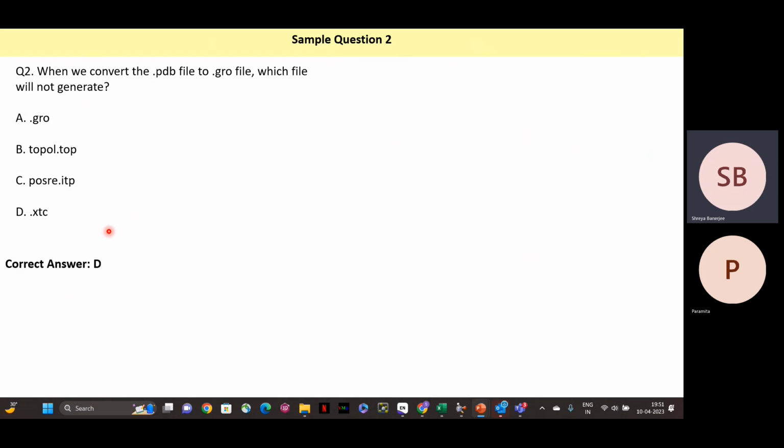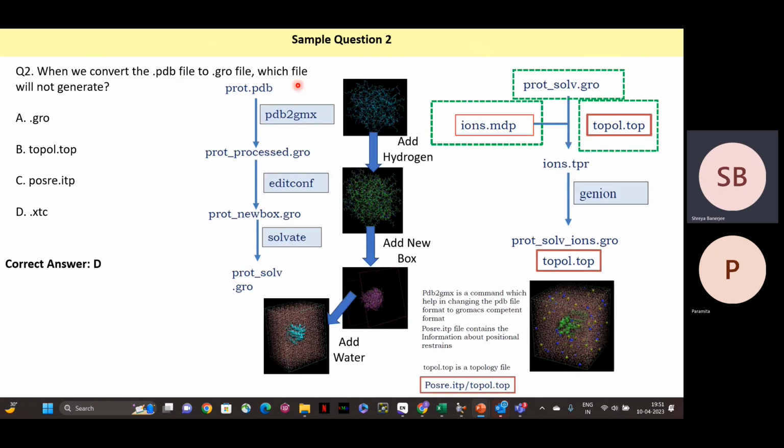So the correct answer is B. If we look into the commands that are used to convert the PDB to the .gro file, we can see that the final file is .gro, but we also get the topol.top file, which includes the topology of the atoms, like the different atoms that are connected by bonds. The topol.top file is generated, and the posre.itp file is also generated, which contains information about positional restraints.